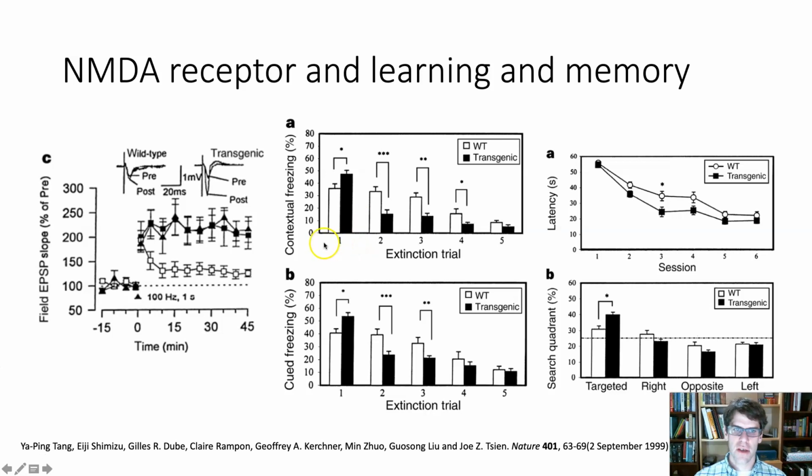And basically, the transgenic mice seem to learn faster, which this was sort of the paper that proved that this has a real physiological effect. So let's walk through these two different assays because I think they're important to know. So this is a contextual freezing assay. When a mouse gets scared, or when it doesn't know what to do, it freezes.